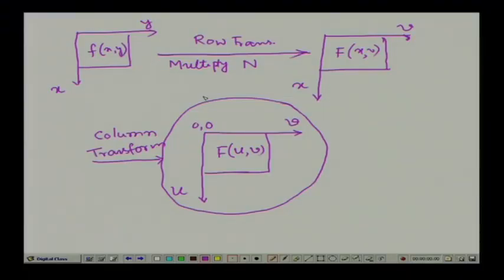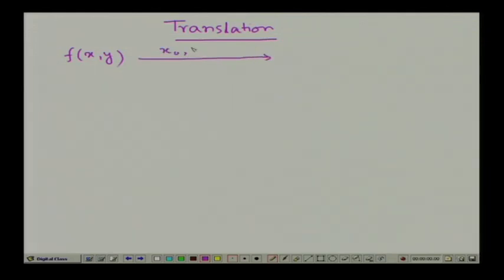The second property that we have discussed in the last class is the translation property. So, this translation property says that if we have an input image array f(x,y), then translate this input image by x naught, y naught.